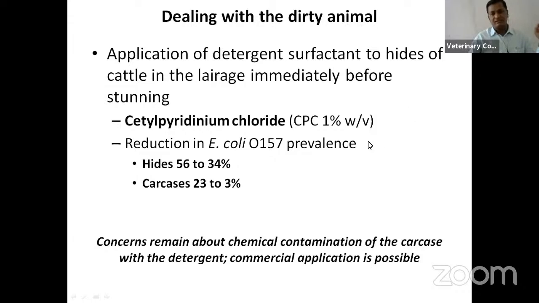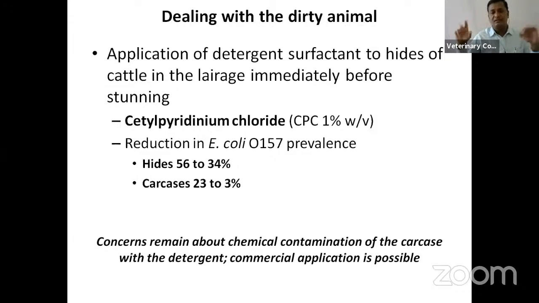So it is beneficial if you apply surfactant detergents such as CPC in the lairage prior to stunning. However, when it comes to animal welfare, the logistics, the cost involved in the modern abattoir systems, and the social acceptance by different customs and religions, concerns remain about the chemical contamination removal processes.